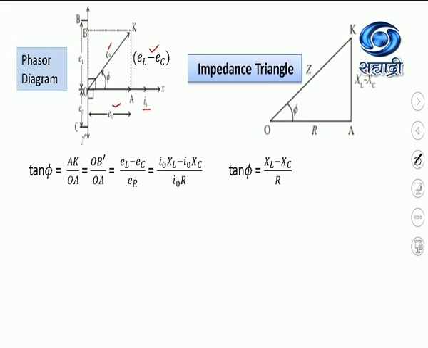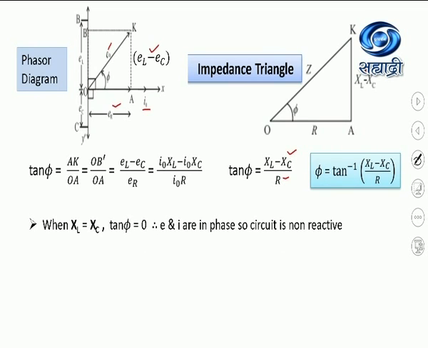While drawing the impedance triangle, the adjacent side is R, that is the resistance, the opposite side is XL minus XC, and the hypotenuse is Z. So we get the same expression, tan phi is the opposite side, XL minus XC, upon the adjacent side, R. So from this we get phase difference phi is tan inverse of XL minus XC upon R. So if you know the frequency of AC, then self-inductance, capacitance and resistance, we can find out the phase difference between the EMF and the current.